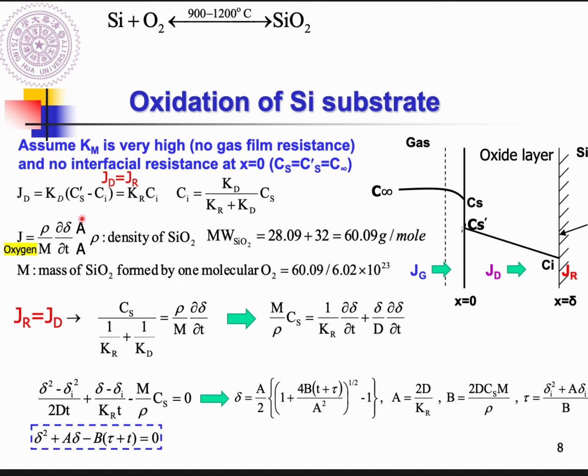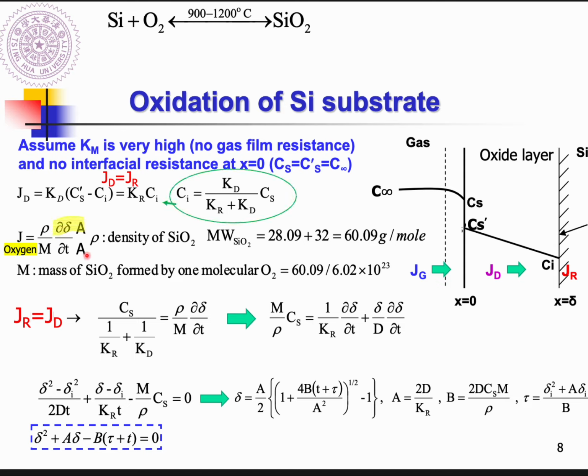So this is the mass of silicon dioxide, and I divide it by m. This tells you how many molecules of oxygen you use or consume to get this amount of silicon dioxide. And this is also flux, right? So it will be per time per area.